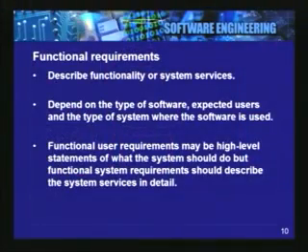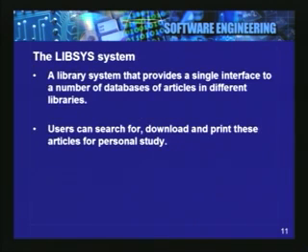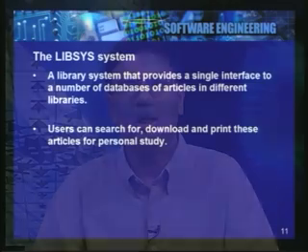So this is something that we've already gone through. This slide essentially describes the notion of what functional requirements are, and they're essentially high level statements of what the system is expected to do. So we're going to move on here, and here is an example of functional requirements or user requirements for a library system that provides a single interface to a large number of databases which can contain articles from different libraries.